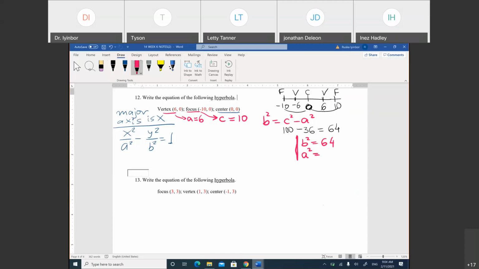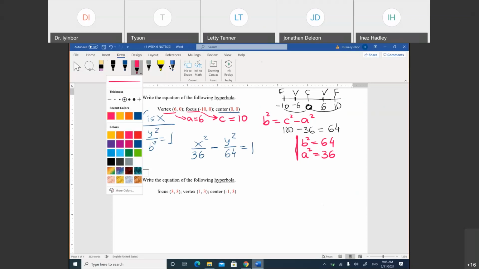A, 6 times 6 is 36. So we have A squared, we have B squared, we're going to plug it in, we're going to get the final answer. So my final answer is going to be x squared over A squared, which was 36, minus y squared over B squared, it's 64, equals 1.